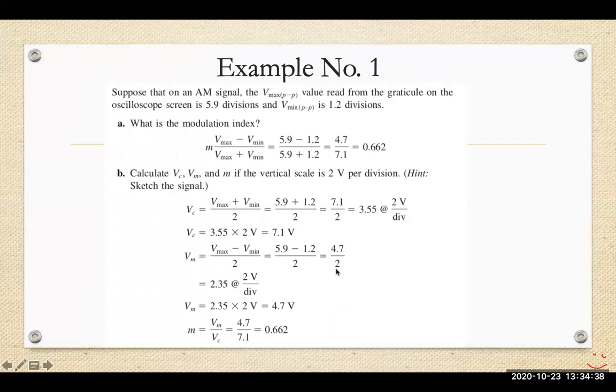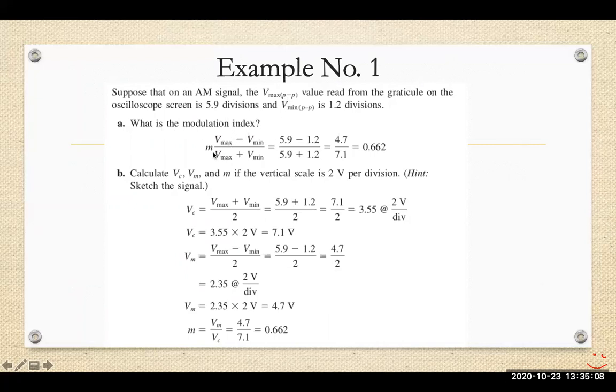Okay, so example number 1, suppose that on an AM signal, the Vmax, naka-indicate naman na peak to peak siya. So kalahati nun yung kanina is pwedeng gamitin sa formula. From the graticule of the oscilloscope screen is 5.9 divisions and Vmin natin, peak to peak is 1.2 divisions. Now, what is the modulation index?